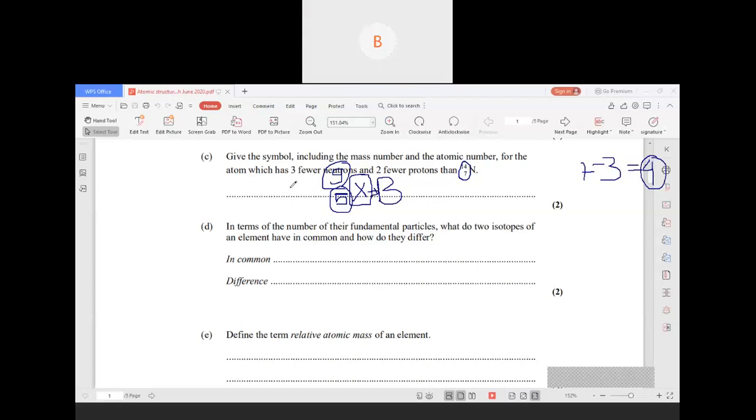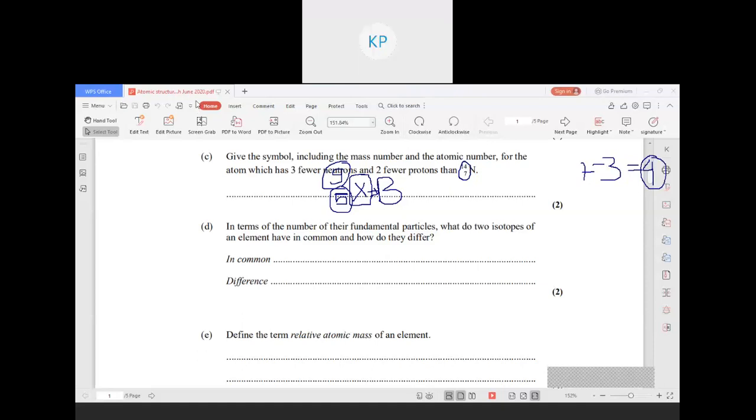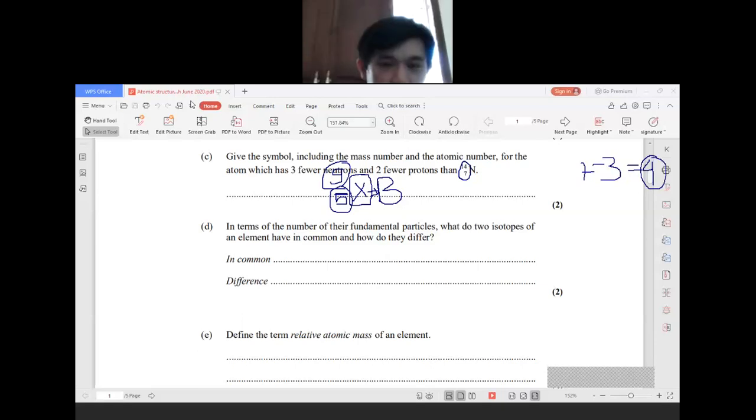Okay. Now D, in terms of the number of their fundamental particles, what do two isotopes of an element have in common and how do they differ? This is discussing about isotopes. Let me ask Kevin P. Hello, Kevin. What do two isotopes have in common?